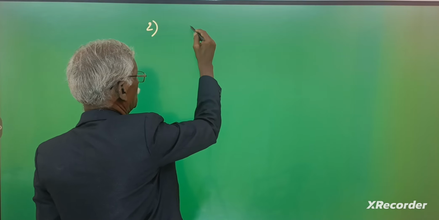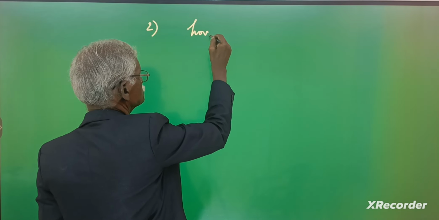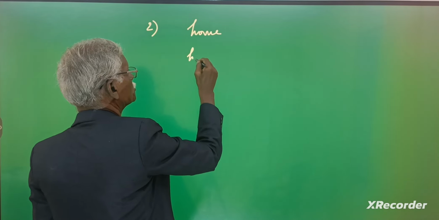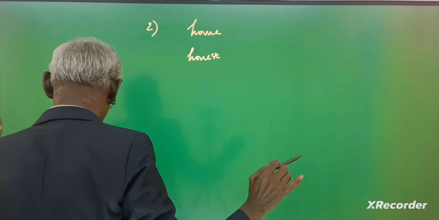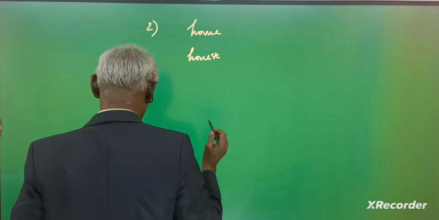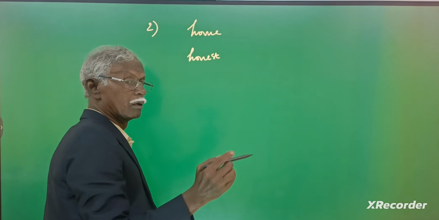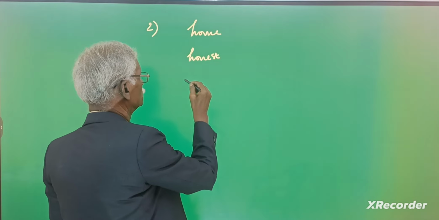What does the second rule say? For example, home, honest, home, honest. Next one, honorable.